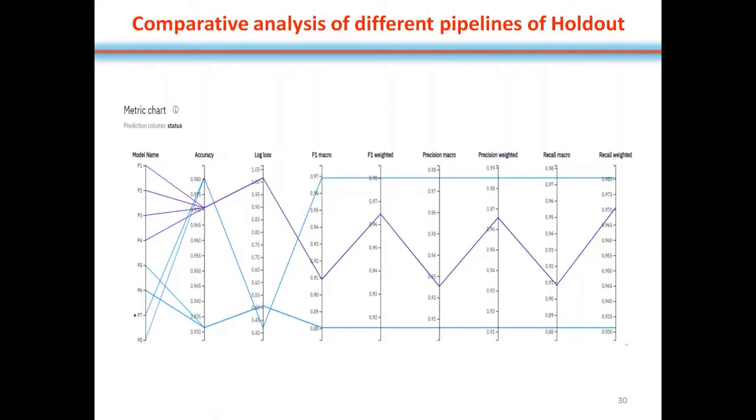After all the pipelines are completed, the final accuracy will be generated. Since holdout is the simple type of cross-validation, here we considered cross-validation as our model.